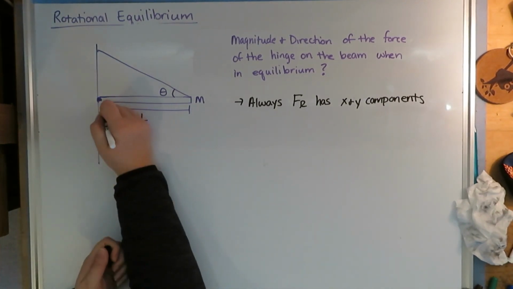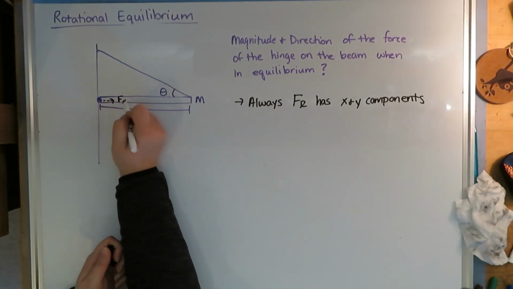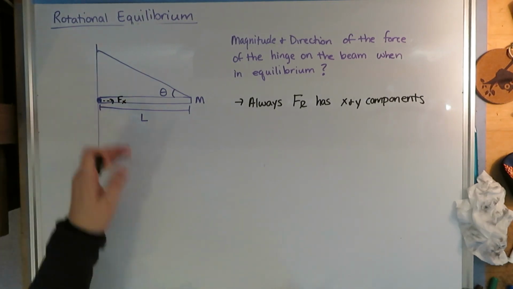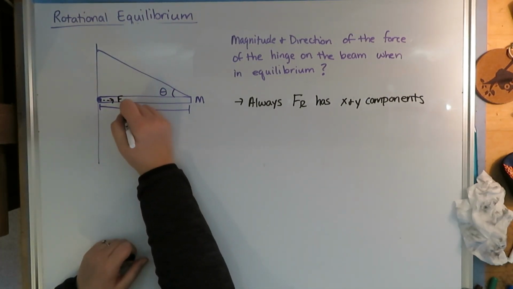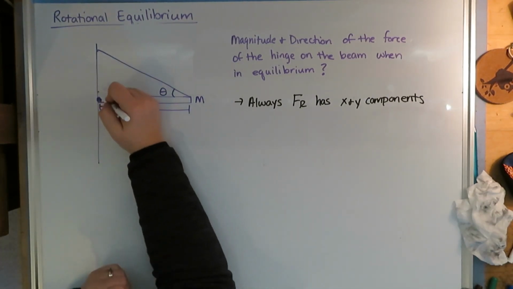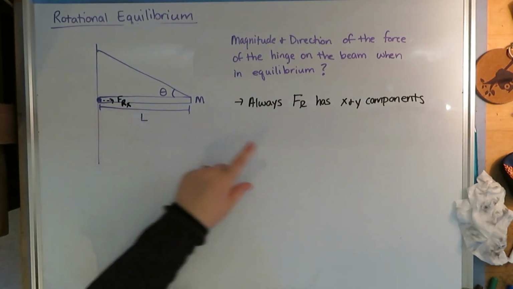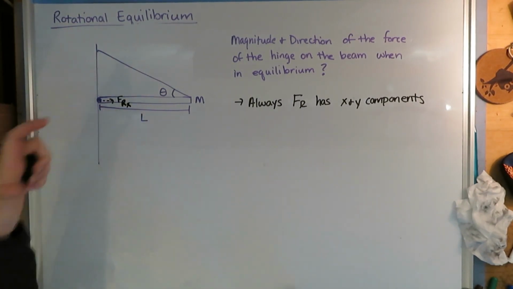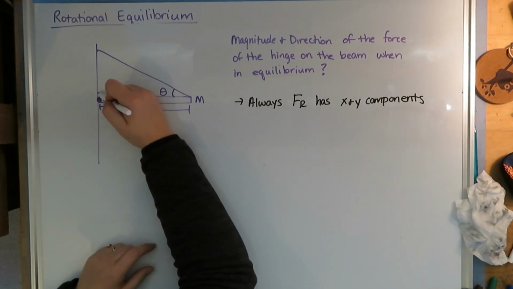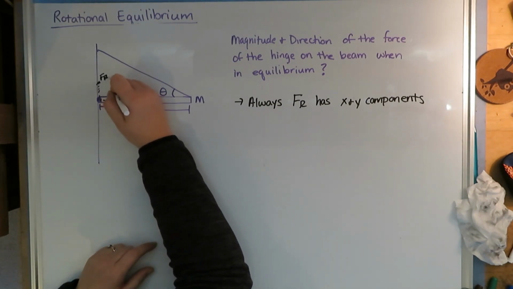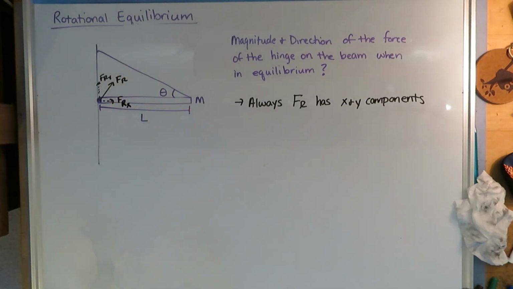Now, I probably know that if there is an X component, the FRX is probably pointing out. But whether there is an FRY or whether that FRY is up or down, I don't know. So I can just assume that FRY is up and define my FR for my thinking process in any direction I choose.